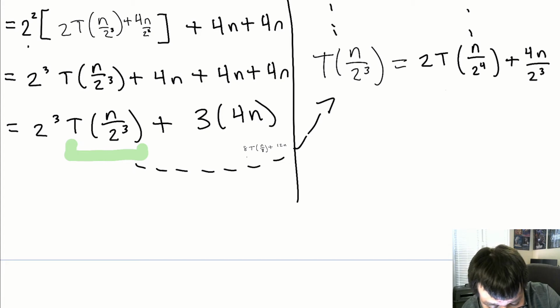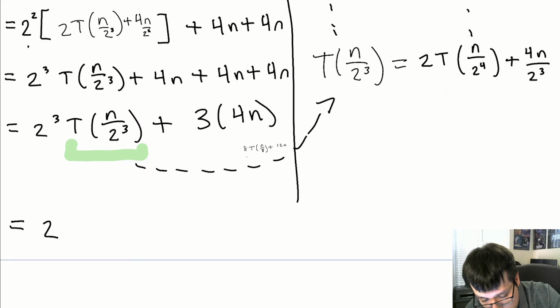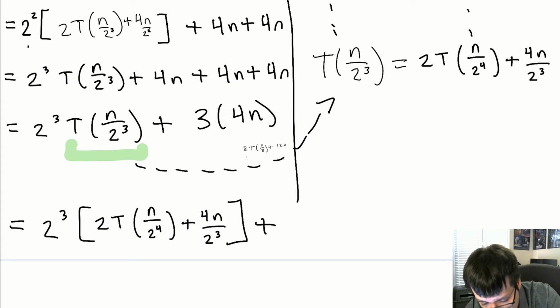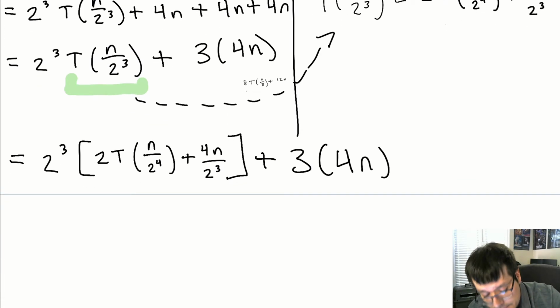Well, when I take this back and plug it in here, I'm going to even skip some steps here. Oh no, I won't skip steps for this final one. I want to make sure everybody's on the same page with me here. Plug it in there, and bring down my 3 times 4n, and then simplify it.